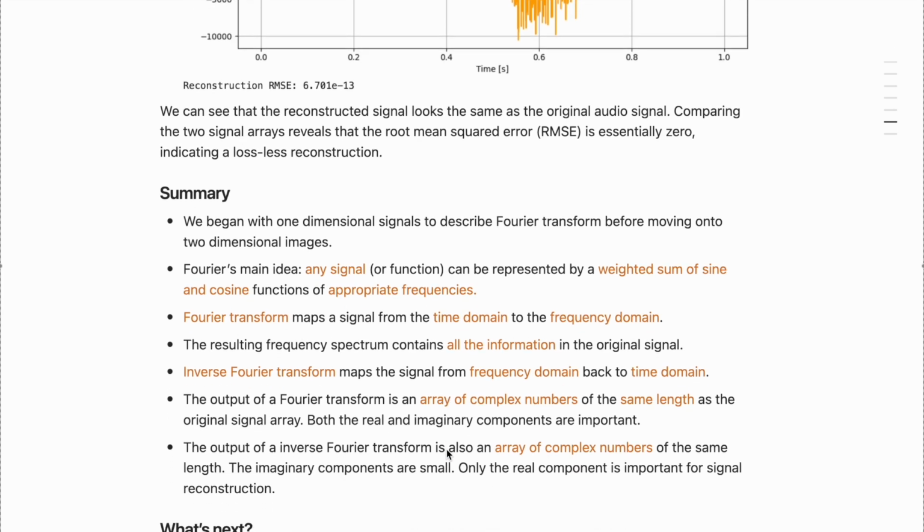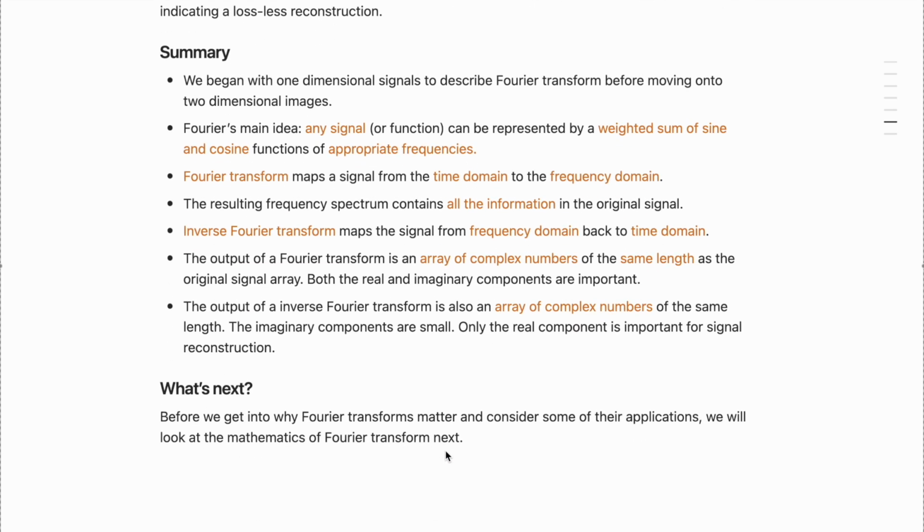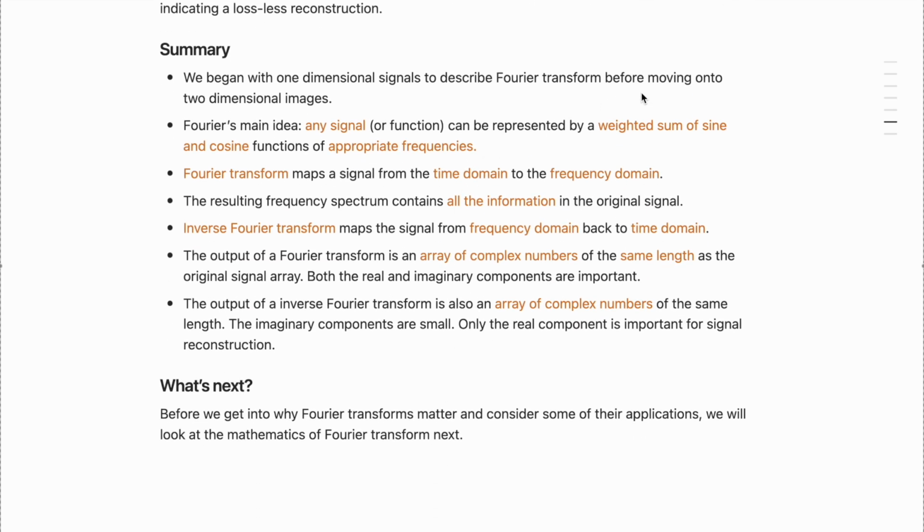So in summary, we began with one-dimensional signals to describe Fourier transforms before we move on to two-dimensional images. The main idea of the Fourier transform is that any signal can be represented by a weighted sum of sine and cosine functions of appropriate frequencies, and that the Fourier transform maps a signal from the time domain to the frequency domain.